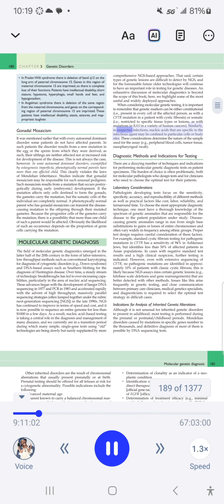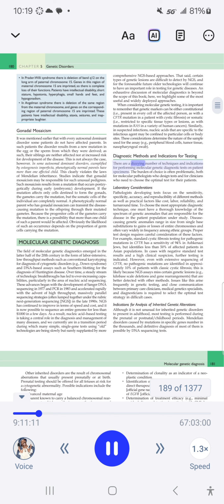Similarly, in suspected infections, nucleic acids that are specific to the infectious agent may be confined to particular cells or body sites. These considerations determine the nature of the sample used for the assay, e.g., peripheral blood cells, tumor tissue, nasopharyngeal swab.